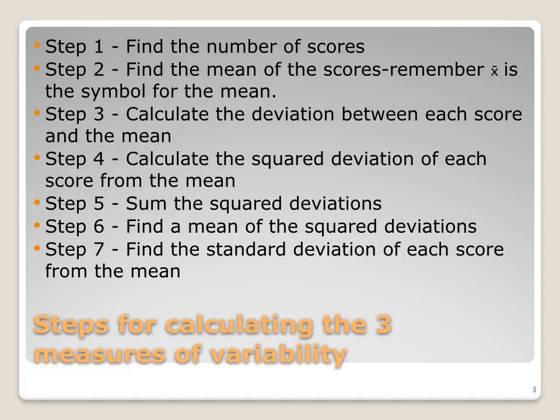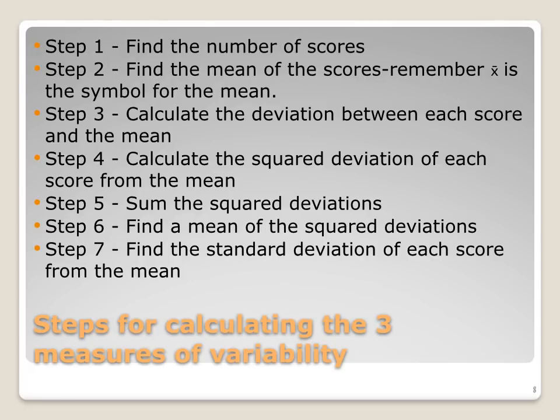Step 2 is we're going to find the mean of the scores. And remember, x bar is the symbol for the mean that we use in statistics. Step 3, we're going to calculate the deviation between each score and the mean, also known as a difference score or a deviation score. Step 4, we're going to calculate the squared deviation of each score from the mean.